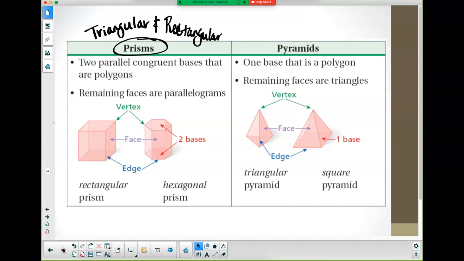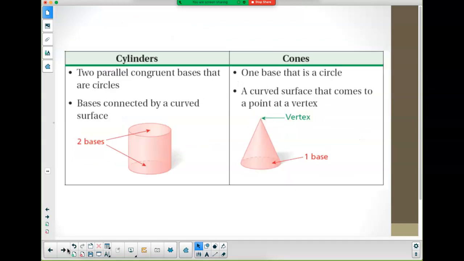And then we're going to talk about cylinders and cones. Cylinders and cones are very similar to prisms and pyramids, except they're rounded. A cylinder has bases that are circles. Cones have a base that's a circle, but it comes to a point.